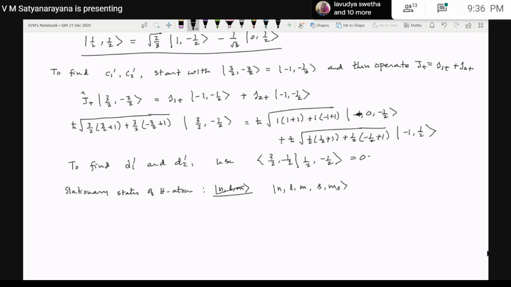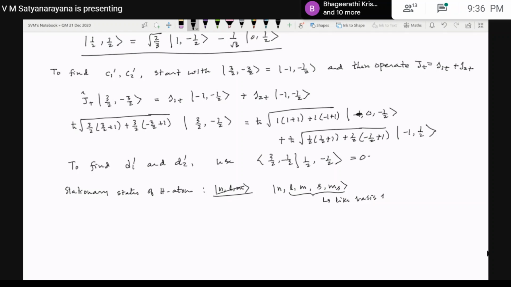So if you look at this part, you forget about L, but this part, m and ms, is like basis 1.